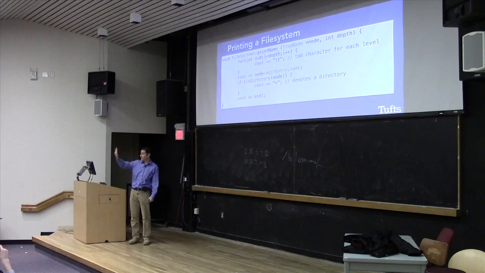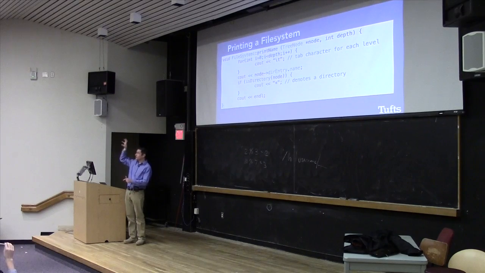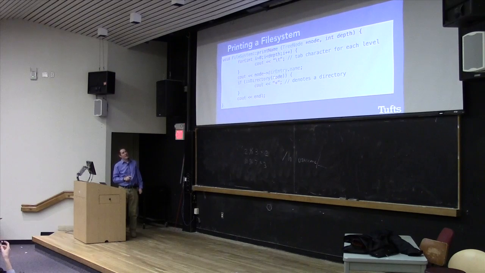So it's going to print a tab for every depth increase it gets to. You're going to have a nice list of the root, and then its children, and then their children, and it's going to look nice. I'll show you in a second. Then I also said print the name of it, and if it's a directory, print a little asterisk to tell us it's a directory. That's all the print name does. It prints the name and gives a little extra information there.